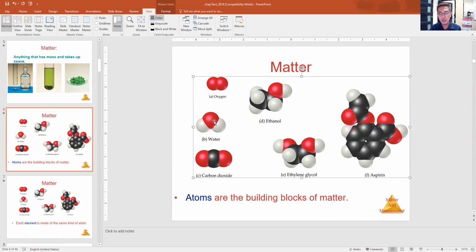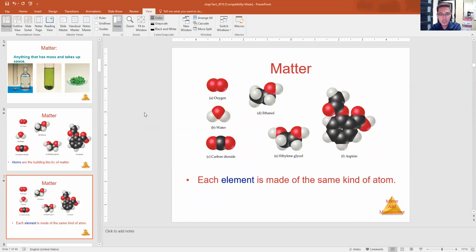Then water is composed of two hydrogen atoms and one oxygen atom. For carbon dioxide, we have one carbon and two oxygens, and so on. So atoms are the building blocks of matter. It's the basic unit.